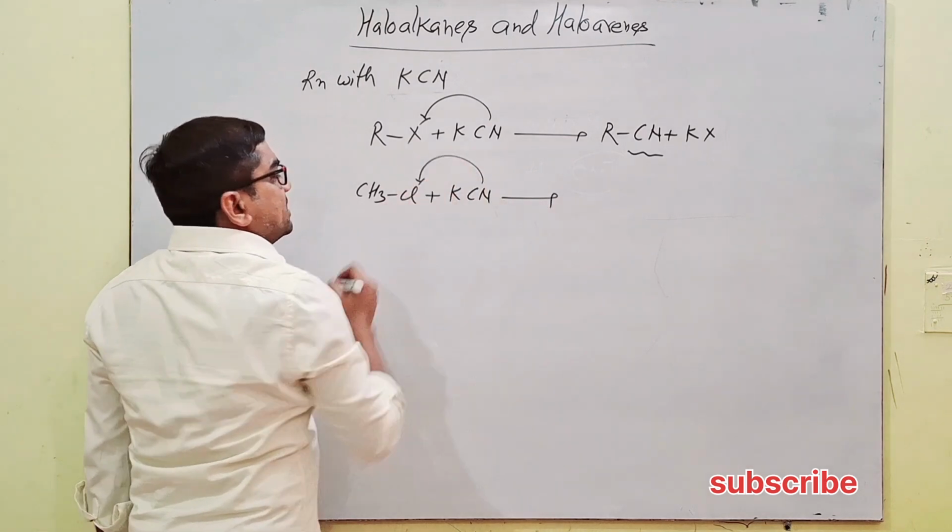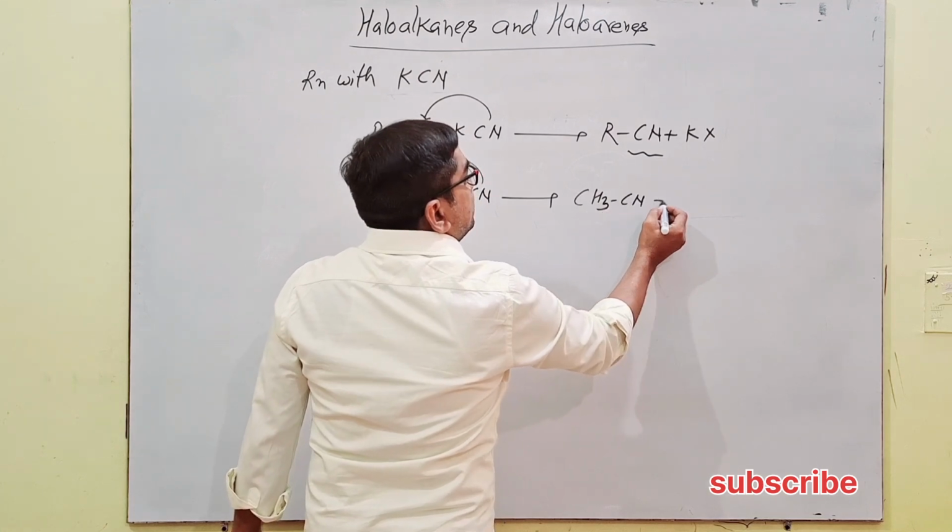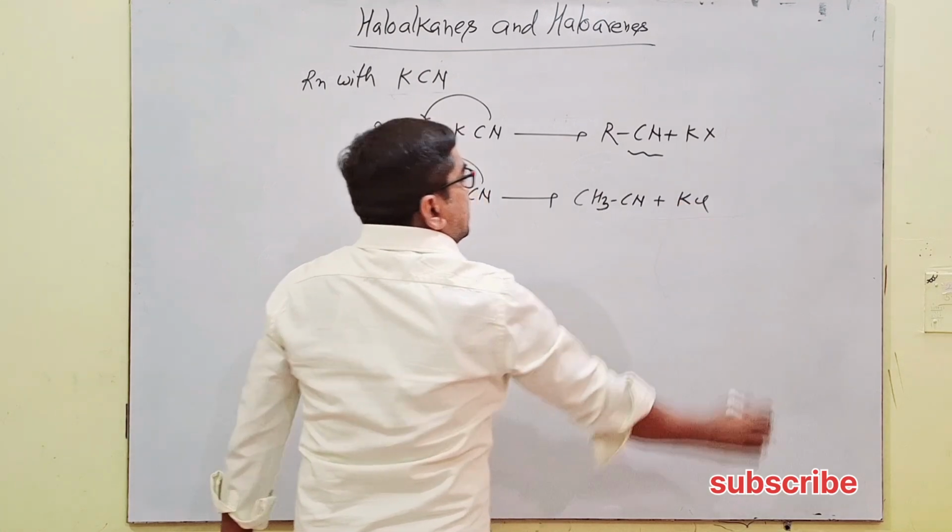The CN displaces chlorine, formation of CH3CN with elimination of KCl.